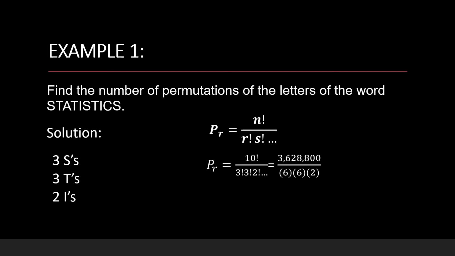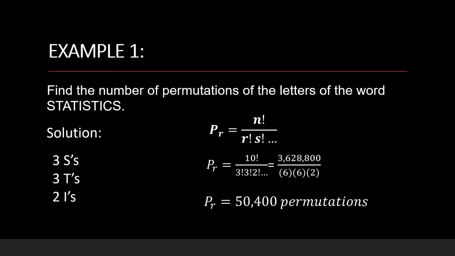Since we have 10 letters, we have 10 factorial as the numerator, all over 3 factorial times 3 factorial times 2 factorial. We evaluate 10 factorial, which is 3,628,800, all over 6 times 6 times 2.